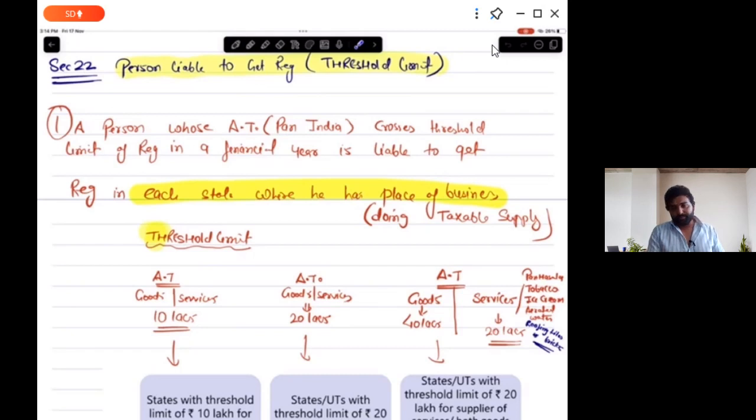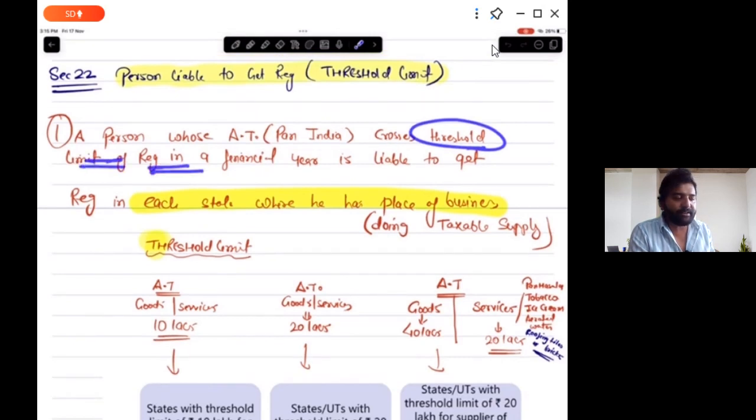If the turnover is GST inclusive, we have to make it exclusive of GST. That will be the aggregate turnover, and it is always calculated on a Pan India basis. So if your turnover, not only of one branch but calculated on an India basis, crosses the threshold limit of registration in a financial year.